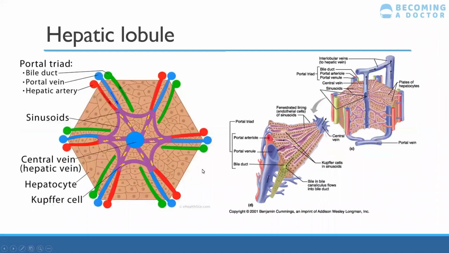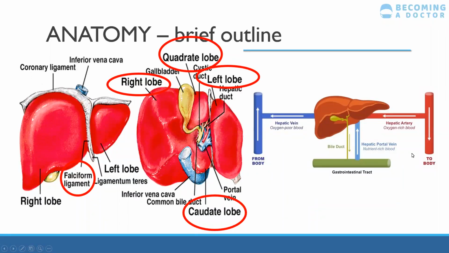With the blood supply of the liver, you have your hepatic artery, which is oxygen-rich blood that comes from the heart, and this is about 25% of the blood supply to the liver. You have a right hepatic artery, which goes to the right lobe, and a left hepatic artery, which goes to your left lobe. Then you have your hepatic portal vein, which carries nutrient-rich blood from your gut.